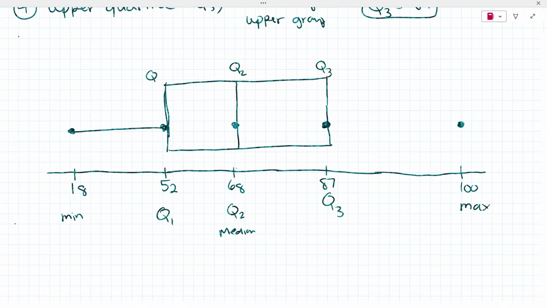Just make sure these numbers are even. So we went from 18 to 52. Just be careful with the numbers. Make sure they look okay, like they're not too far apart. Yeah, that is a typical box and whisker plot. Oh, don't forget, there's a straight line that connects quartile 3 with the max.